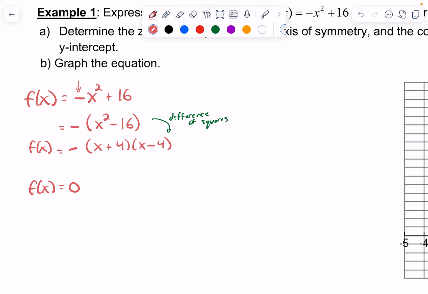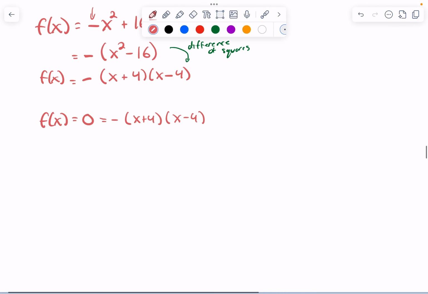And remember, this is like y, right? So when does y equal 0? Well, it would equal 0 if I found an x value that would make this x plus 4 bracket evaluate to 0, or if I found an x value that would make the other bracket evaluate to 0. So mathematically, how do you do that?